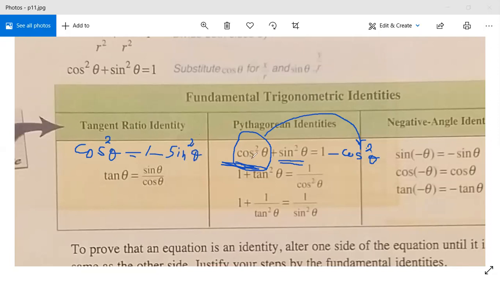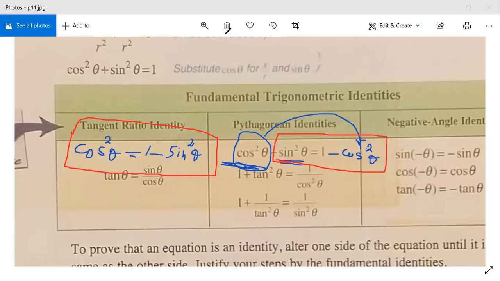Why did I change sine square to 1 minus cosine square? Because you have this rule. Sine square is equal to 1 minus cosine square, and cosine square, very important, is equal to 1 minus sine square theta.